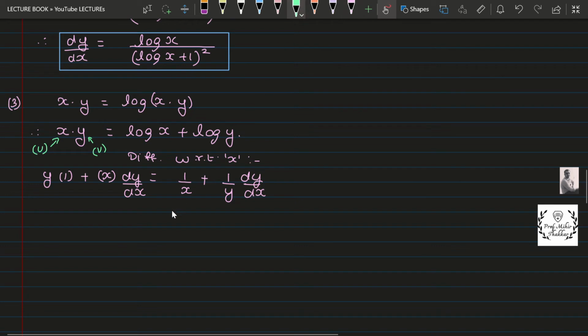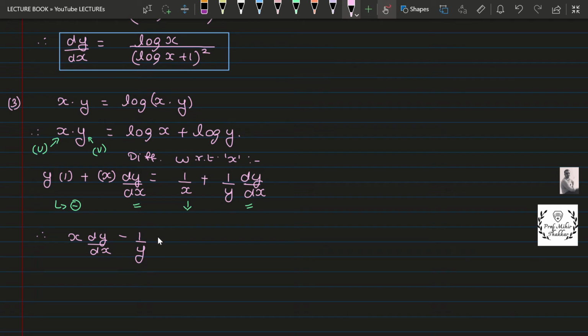Now what I will do over here is I will take these both terms of dy by dx together. This 1 by x will come down as it is and y will get subtracted on the opposite side. So in the next step it is x dy by dx minus 1 by y dy by dx is equal to 1 by x minus y.